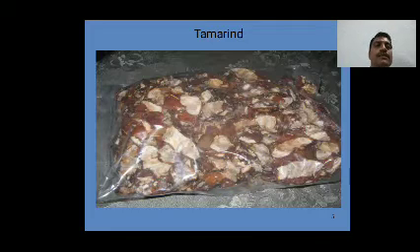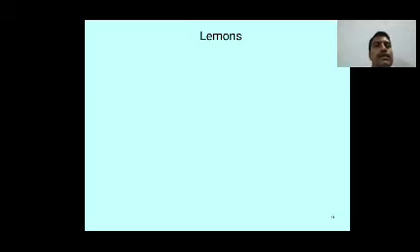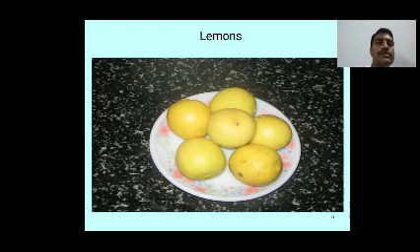Tamarind also has a sour taste; it also has H plus ions. Lemon also has a sour taste. These all have H plus ions, and substances with H plus ions are called acidic in nature.